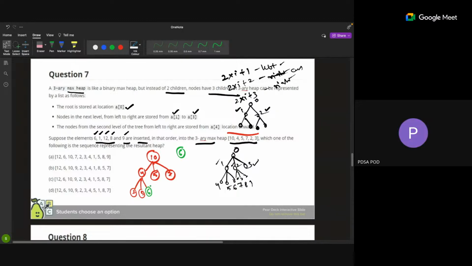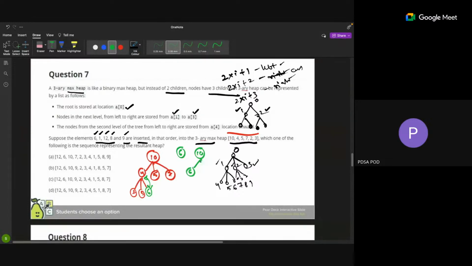Wait. First, we just fill it at the last position, then we try to heapify. So after 6, we heapify. These two are swapped. Is it right? Yeah, got it.